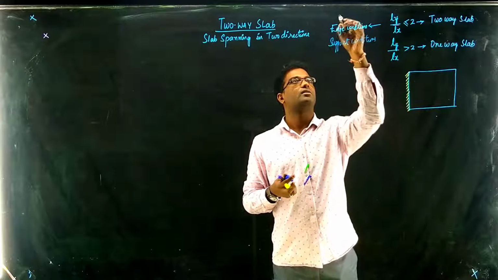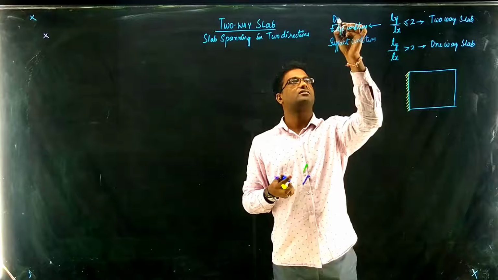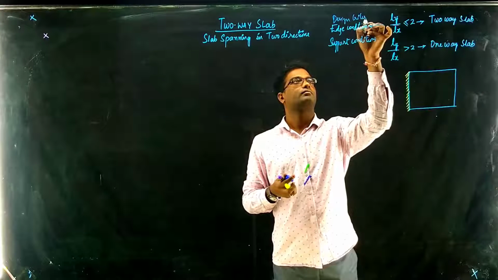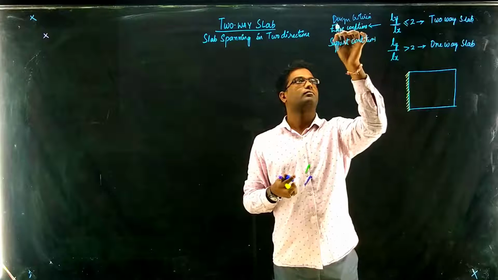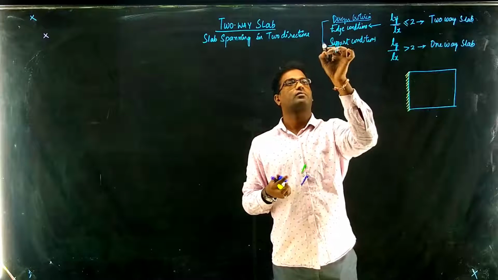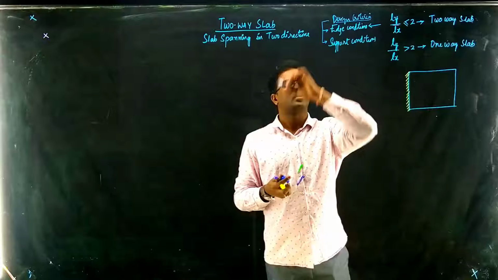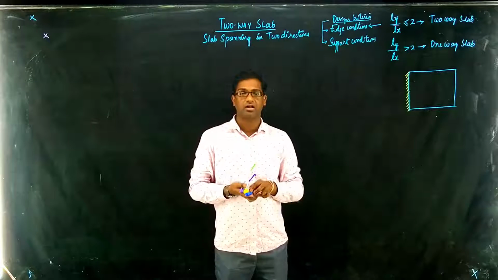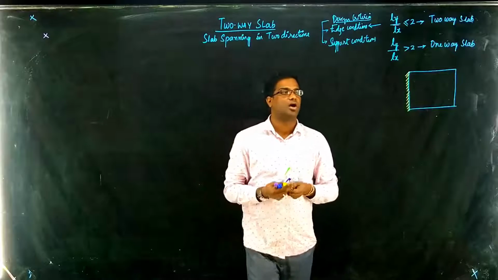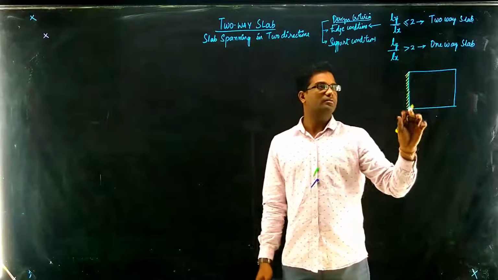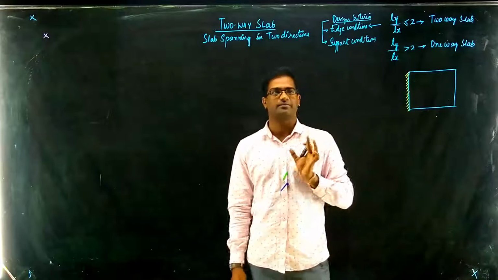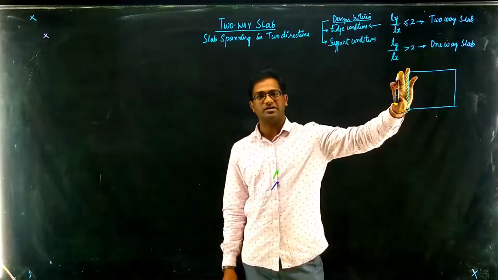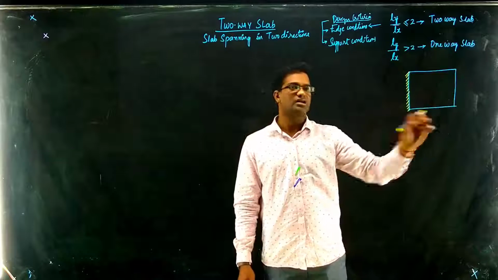The two-way slab design criteria is based upon edge conditions and support conditions. If I take a look at this slab, this edge is supported, that all edges are free.